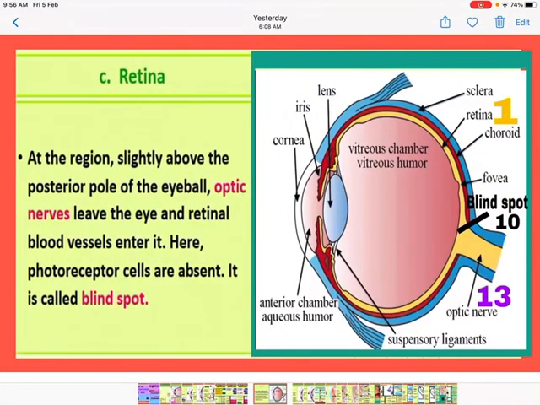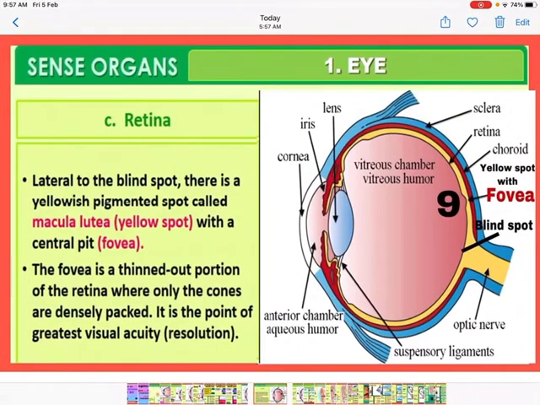Now come to posterior part of retina. See diagram labeling 13. It is optic nerve leaving the eye, and here retinal blood vessels enter in eyeball. Now see labeling 10. Photoreceptors are not present at this point, and it is called as blind spot. Also see yellowish pigment spot just lateral to blind spot.